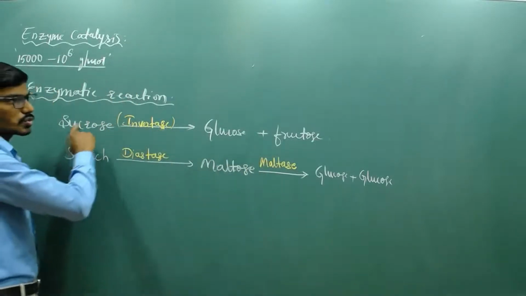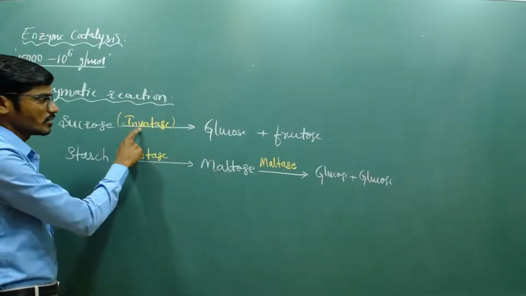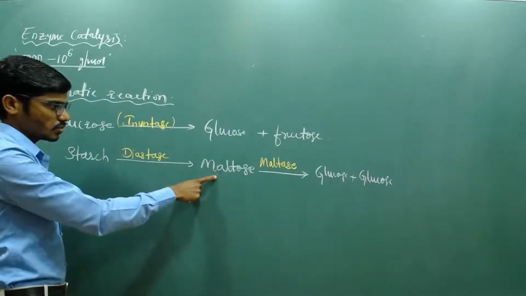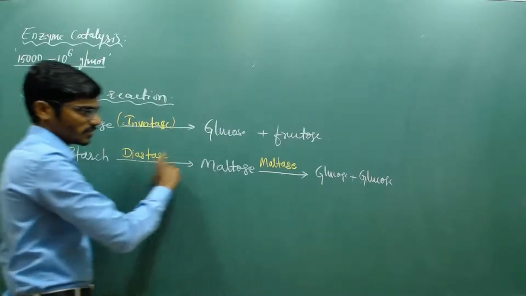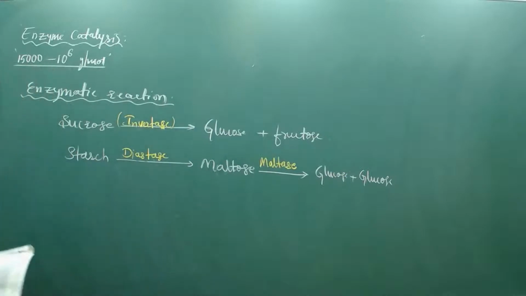So sucrose to glucose plus fructose is catalyzed by invertase, whereas starch is converted into maltose by the enzyme diastase, and maltose to glucose by maltase.